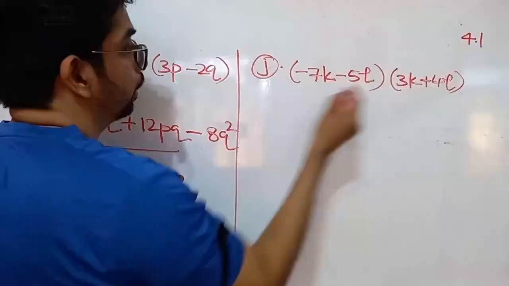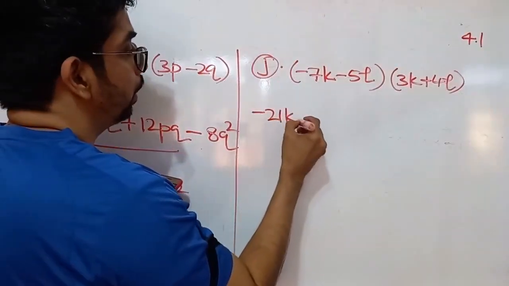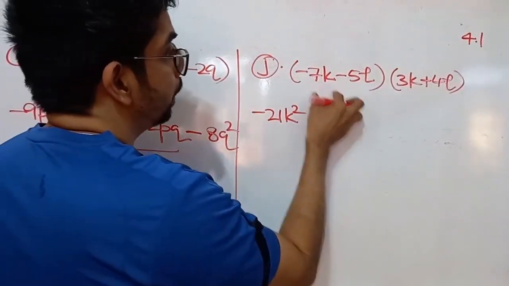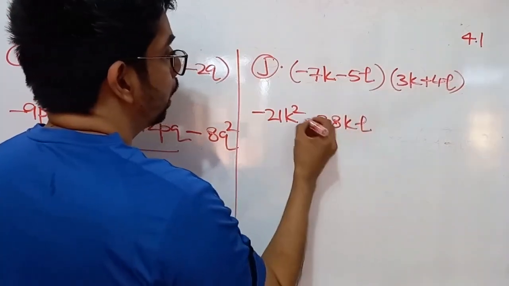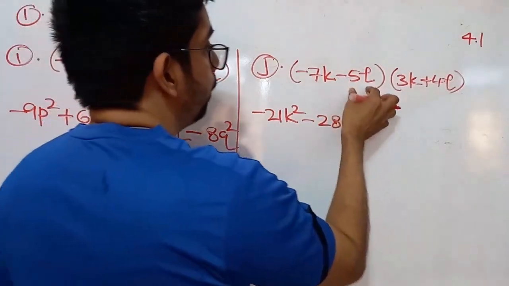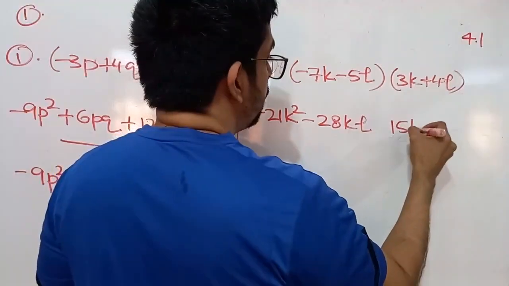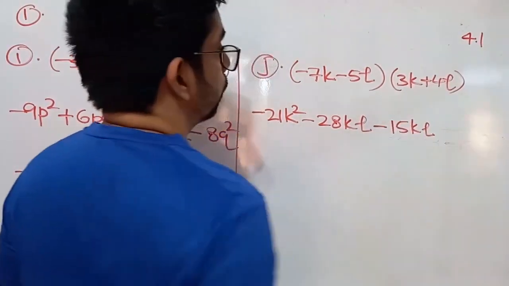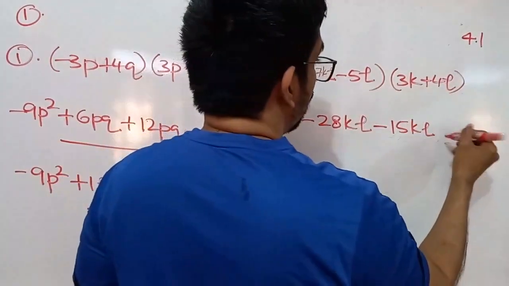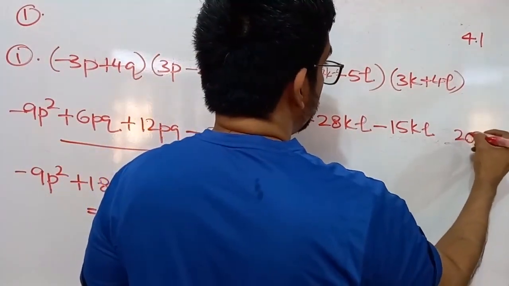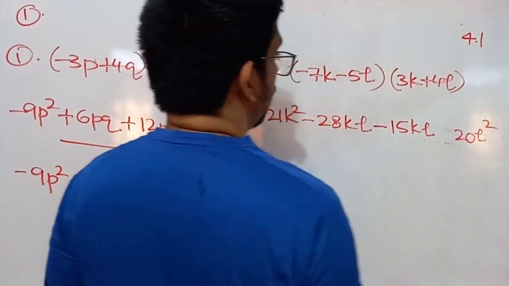Right. So negative 21k squared. 7k into 4l, that is 28kl negative. 5l times 3k, that is 15kl, that is also negative. Negative into negative, negative. 5l times 4l, that is 20l squared.